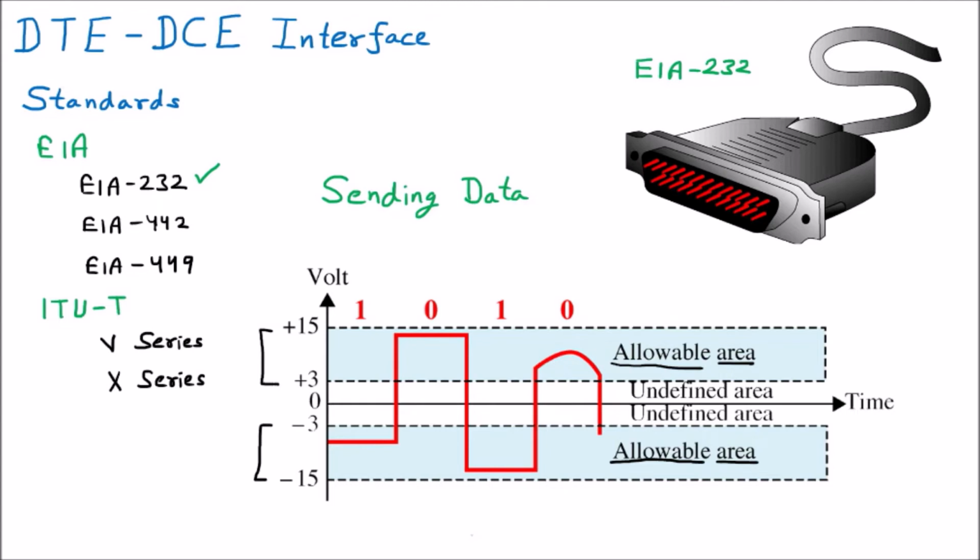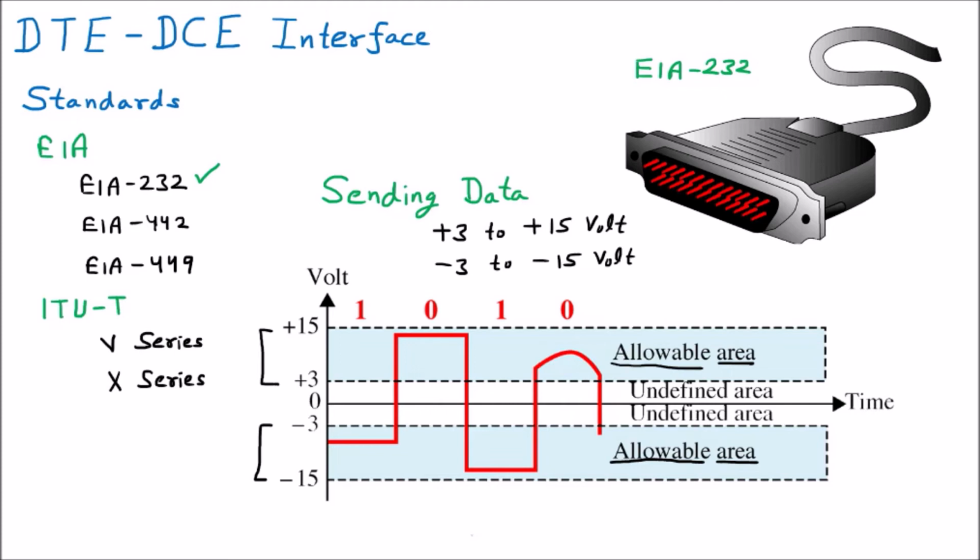So if somebody asks how much voltage is required for sending data, we can say from +3 to +15 volt, or we can send through -3 to -15 volt. That much voltage is required for data transmission, and this is the only allowable area.